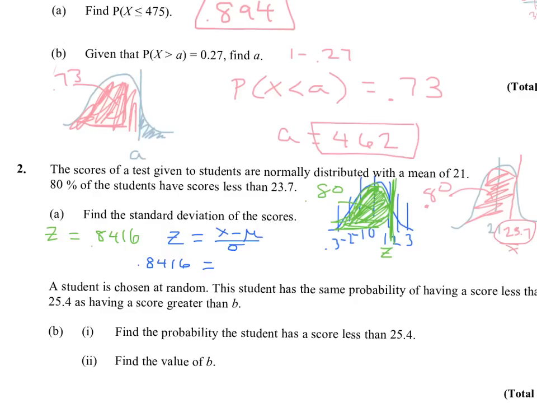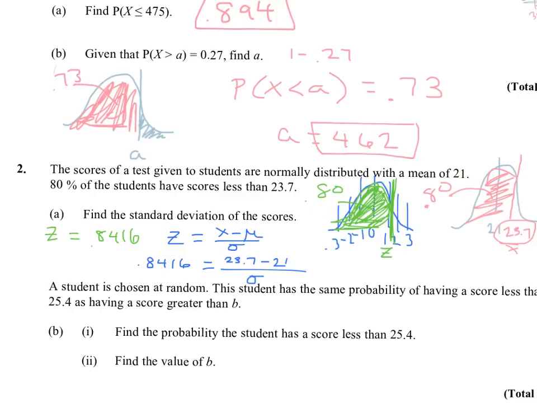That's x. Our mean that goes with our x is 21. And then our standard deviation, that's what we're trying to find. So this x and this mu go to our normal curve in the context of the problem. The z-score is the only thing that comes from the standard curve.